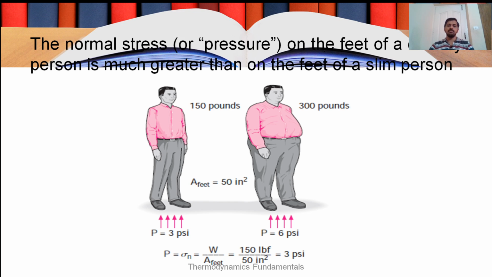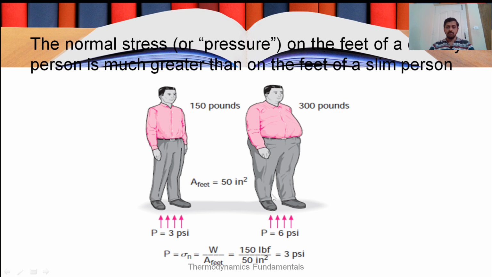In this figure you can see a very chubby person as well as a slim person. The slim person will be experiencing very little pressure on his feet, only 3 psi, because his weight is only 150. Weight is acting downwards, right?